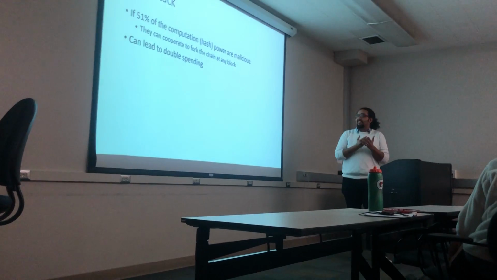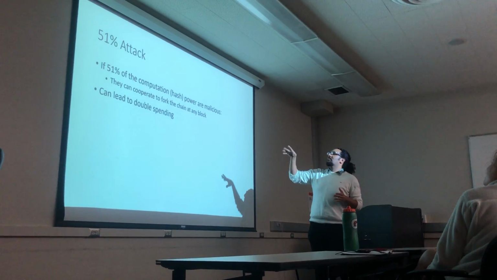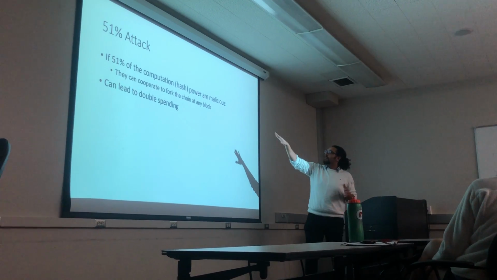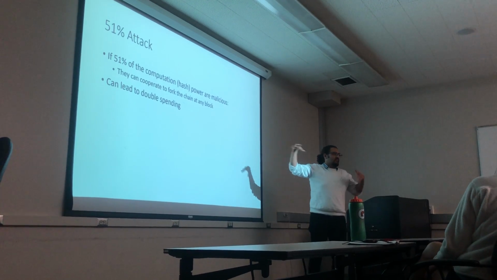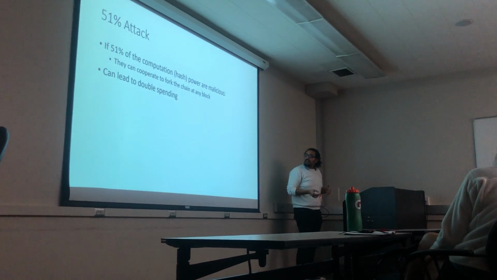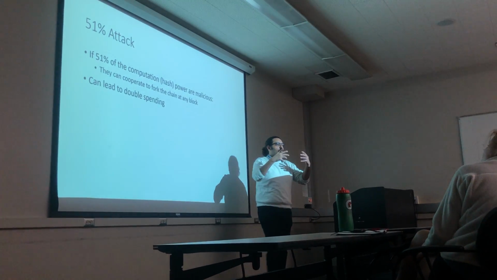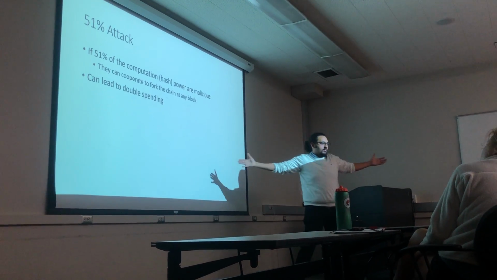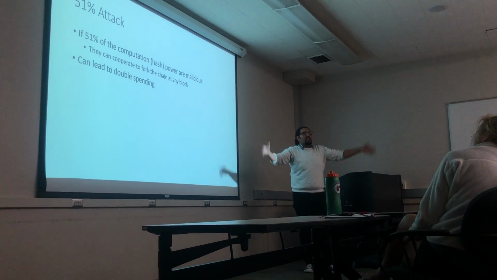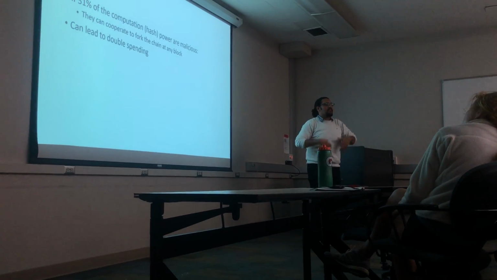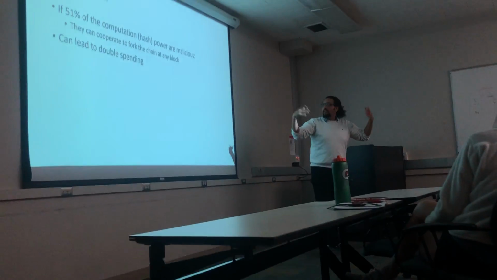We're always one slide ahead, guys. Okay, if 51% of the computation or hash power is malicious, trying to do something bad, they can cooperate to fork the chain at any block. As we said, the rule is that everyone is going to join the longest chain, because the longest chain proves that it has the most computational power.